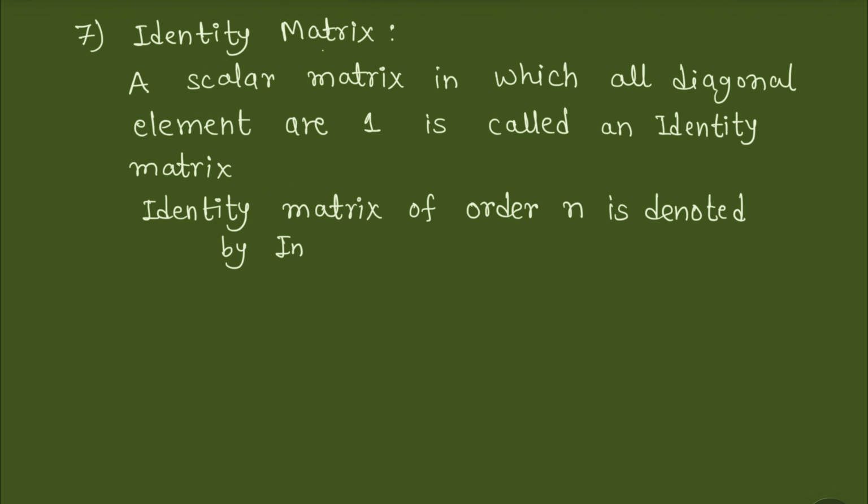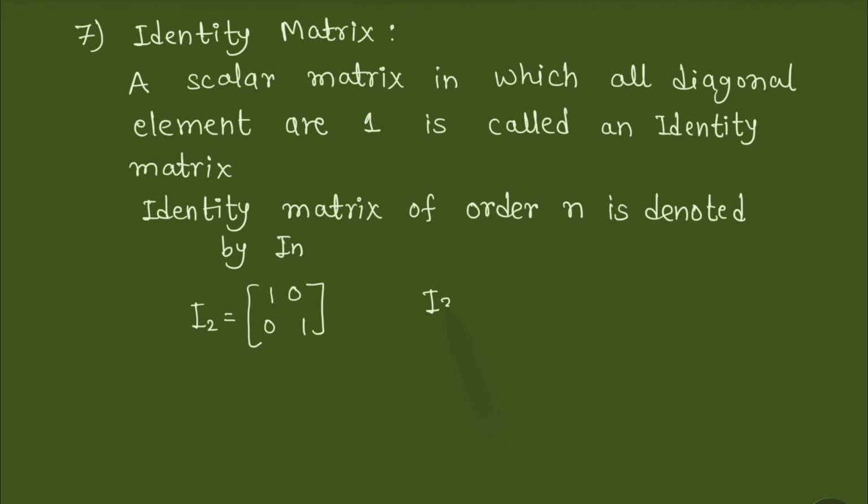Next type is identity matrix. This is the most important type. A scalar matrix in which all diagonal elements are 1 is called an identity matrix. An identity matrix of order n is denoted by In. Let's take n equal to 2, where I2 is the matrix with all diagonal elements 1 and non-diagonal elements 0.